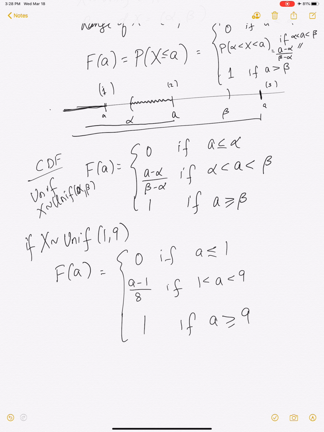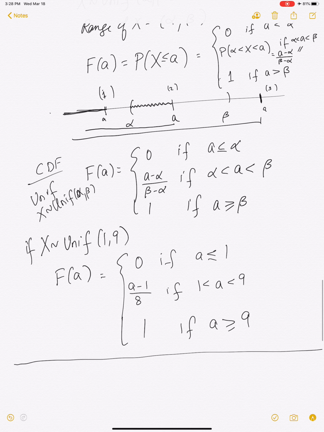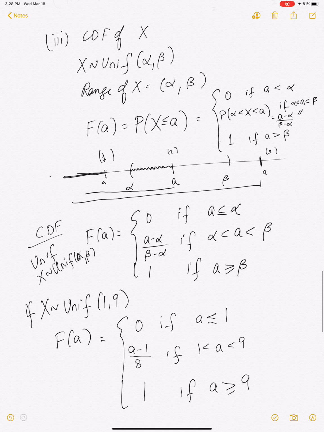So that's the CDF of a uniform 1, 9 random variable. I hope that made sense for the general case as well as this particular case. And of course, in this particular case, you didn't need to go through the general case. You could have just done it directly.